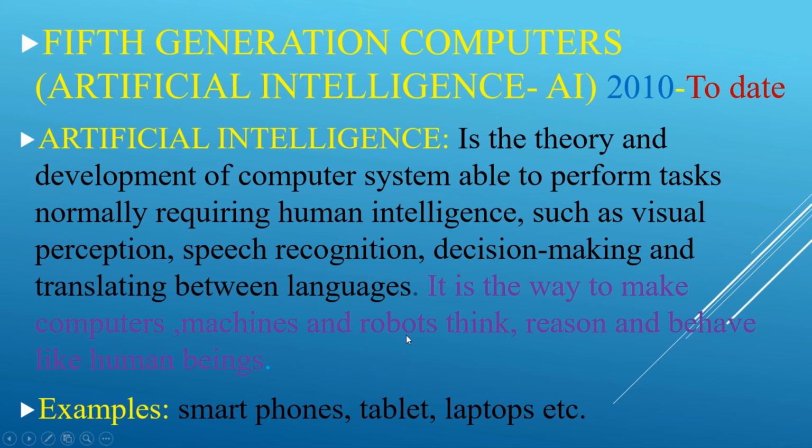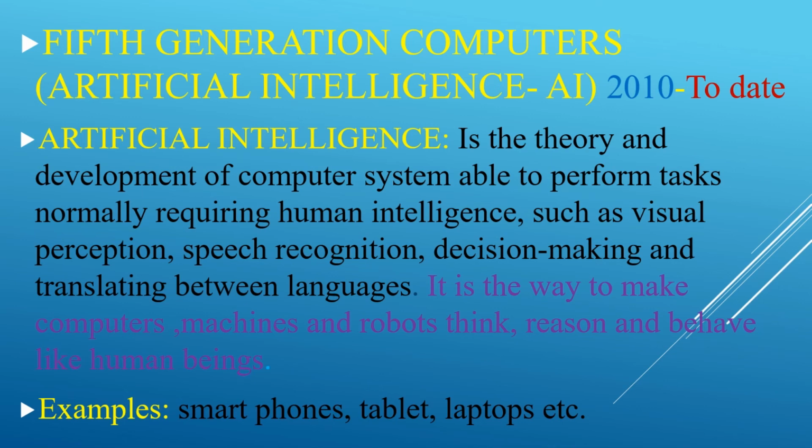Therefore, the introduction of artificial intelligence is the way to make computers, machines, and robots think, reason, and behave like human beings. So this is what is going on in this century, this era now.